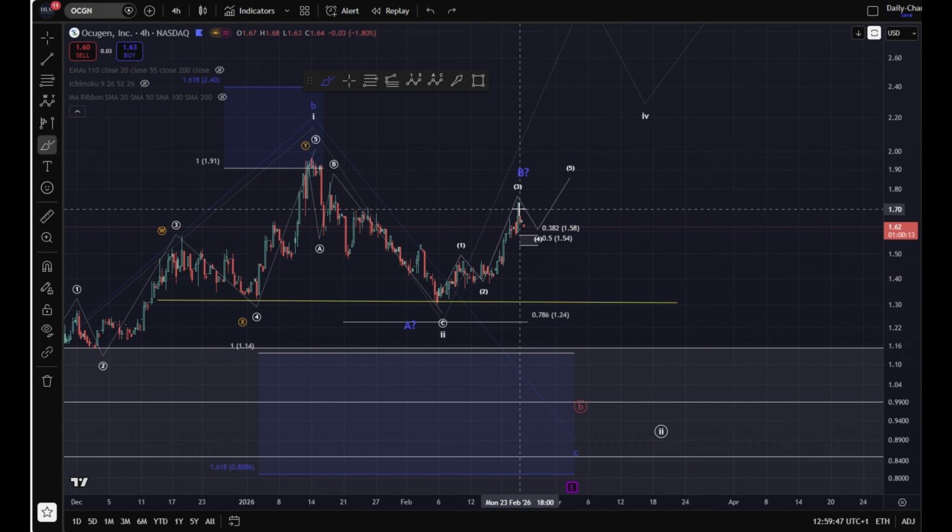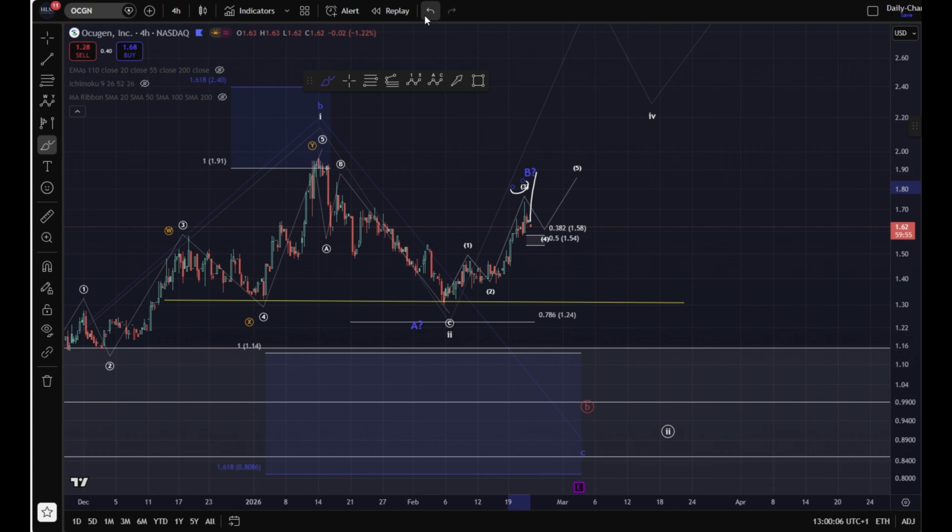But what I want to point out, it's really important for the bulls right now to hold this $1.54. If we grind higher here, I would still count it as an extension of this 3rd wave to the upside, so the support zone would rise with the price.